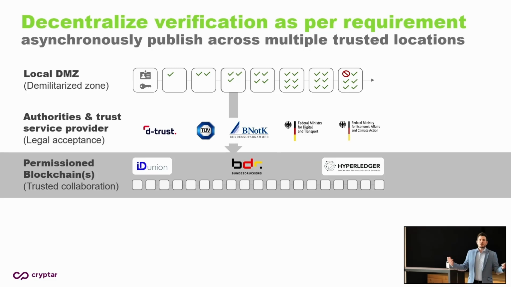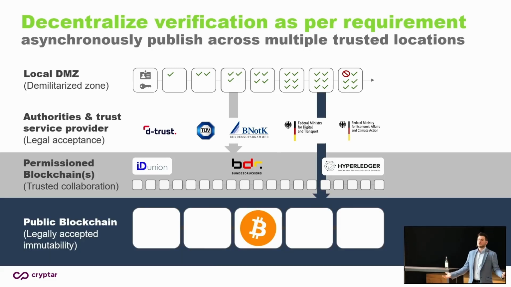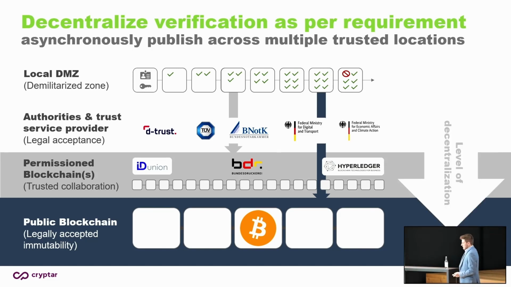And if that's not enough to scale the trust, we can also go to public blockchains. And we can use all of those simultaneously without having to build the trust ourselves. So we adjust to exactly the needs of the user to establish that trust. And by this, we can control the level of decentralization.